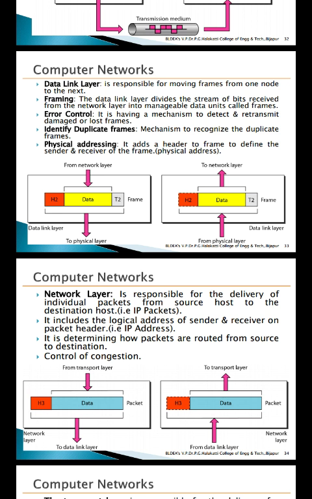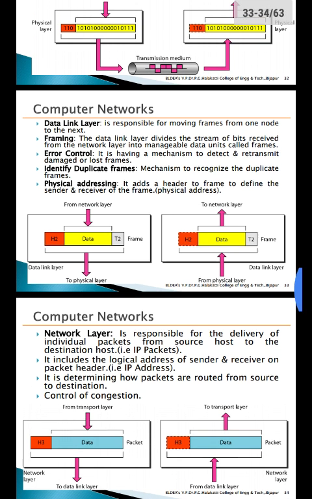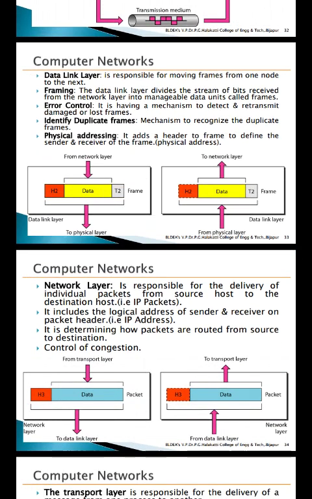Next, the data link layer is responsible for error control. It has a mechanism to detect and retransmit damaged or lost frames. There are different error control or error detection mechanisms. Whatever frame is transmitted by the data link layer, the data link layer of the peer system checks whether the frame is error free or not.